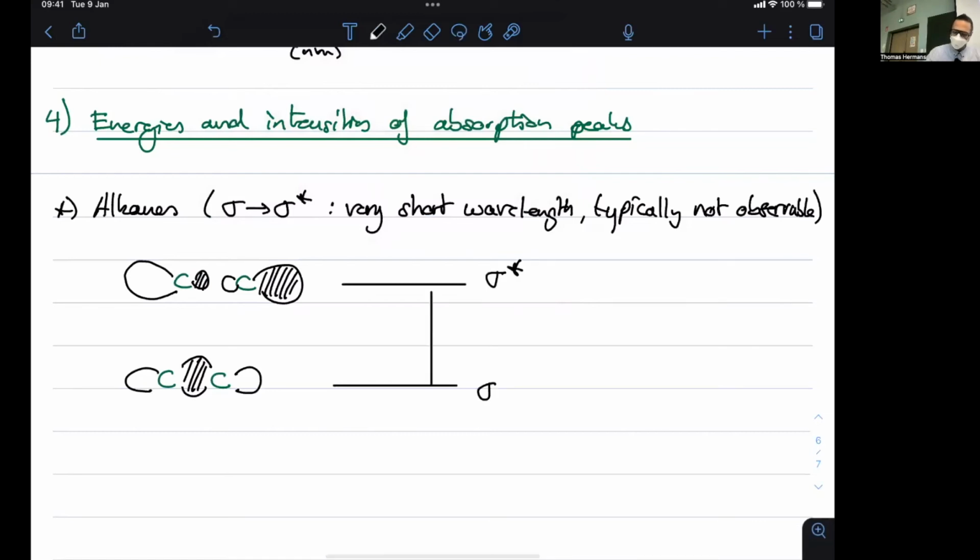We can have a transition here, sigma to sigma star. Originally we have 2 electrons in that energy level, and we can have a transition from these two electrons, and they will hop to that orbital. Okay.